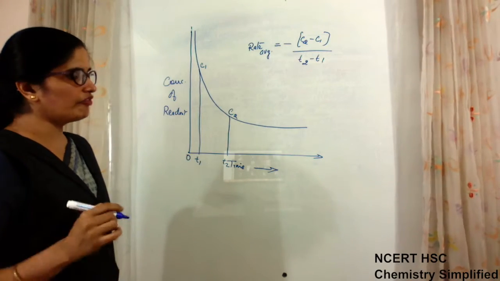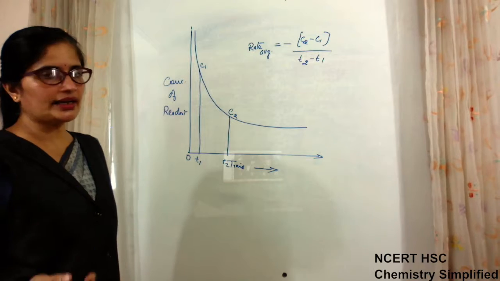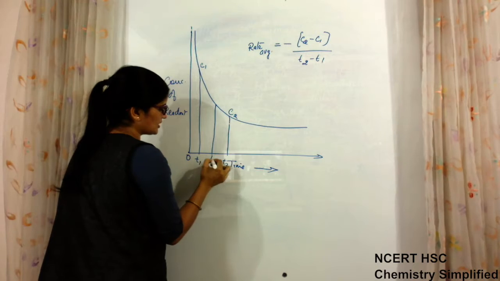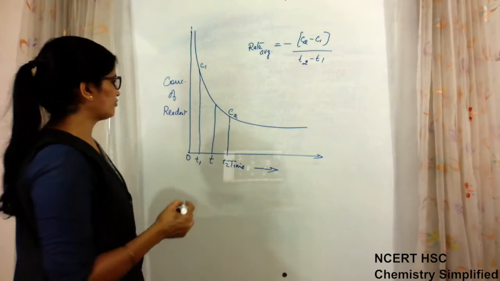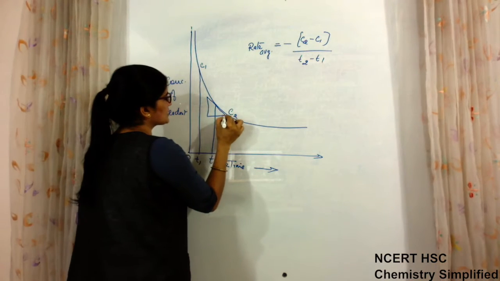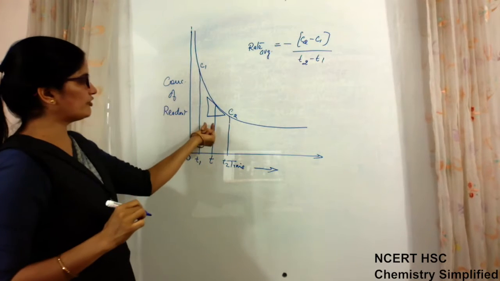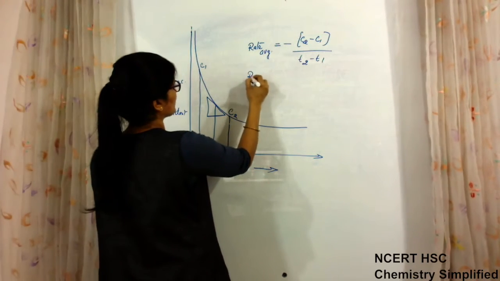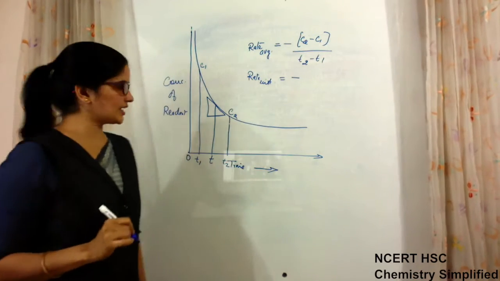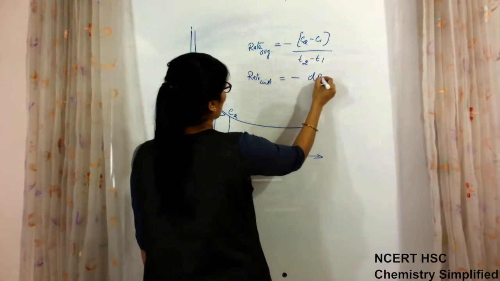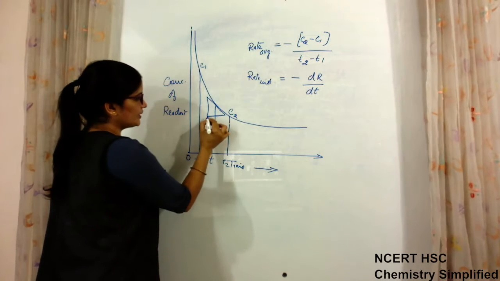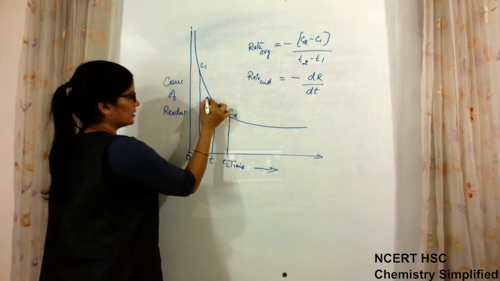Now, if you want to calculate the instantaneous rate of this reaction, at any instant of time which is T, that can be found with the help of the slope. If you have to find the instantaneous rate, it will again have a minus sign, and it will be given by dC upon dT.